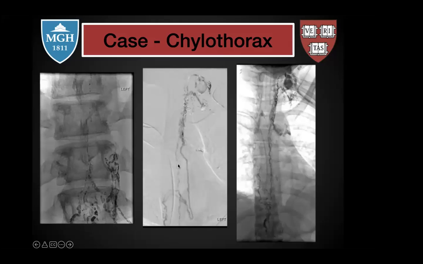But we basically saw this one main channel that led up to this upper leak. So you can see this bubble of Lipiodol pooling in the left neck. And then at a certain point, the contrast refluxed down into this other channel that was very close to where we accessed the cisterna chyli, into the second channel that led to some of these abnormal lymphatics and then a leak slightly more inferiorly.